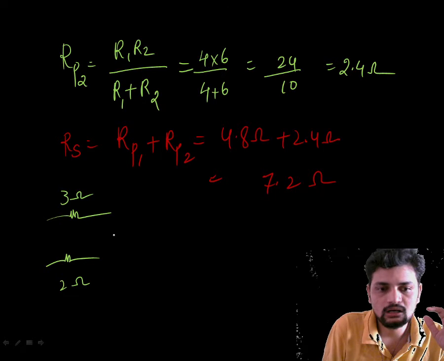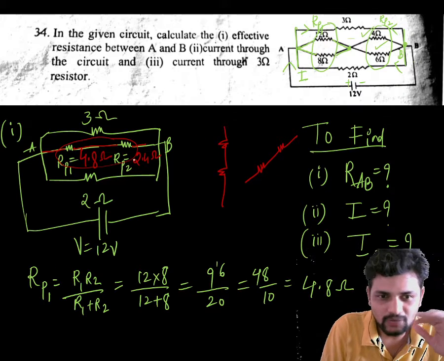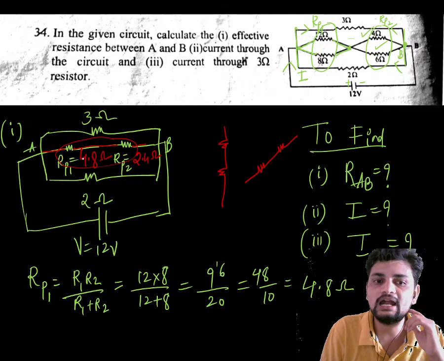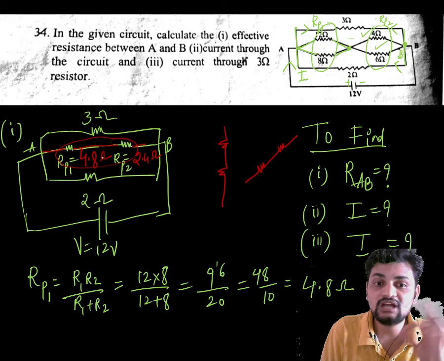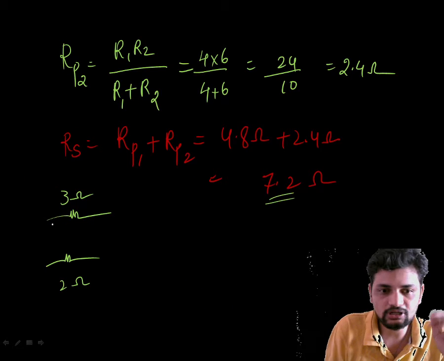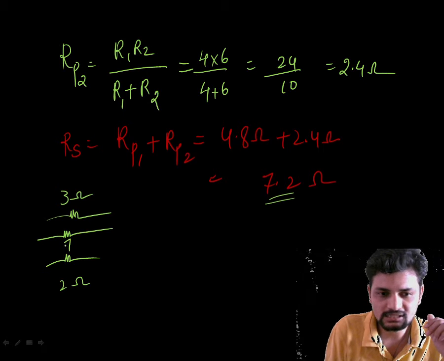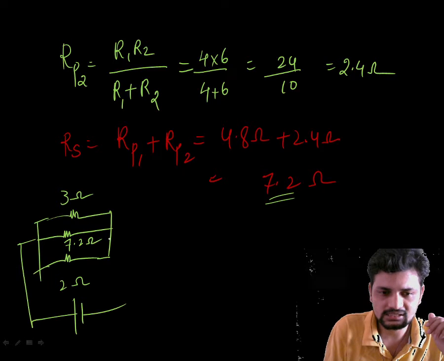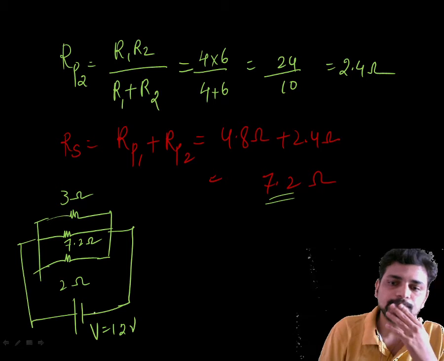Whereas at the middle portion between A and B, just now we found out that when RP1 and RP2 are connected in series, we got the answer as 7.2 ohm. So here comes 7.2. So close them on the left and right hand side with wires and connect across the same battery whose potential is 12 volt.